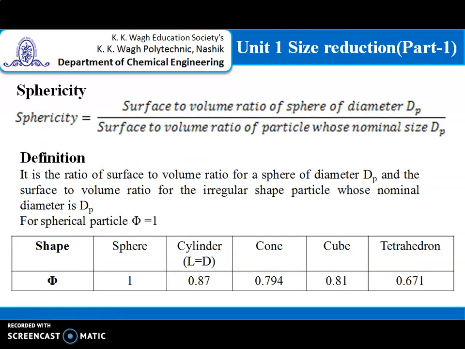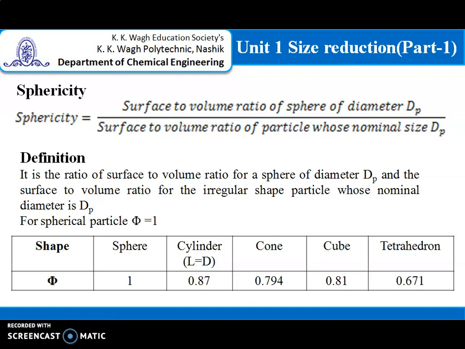Just in the form of a formula, the same concept is presented in front of you: sphericity is equal to the surface to volume ratio of a sphere of diameter dp to the surface to volume ratio of a particle whose nominal size is dp. There are different values of the sphericity depending upon how it resembles the regular shape.